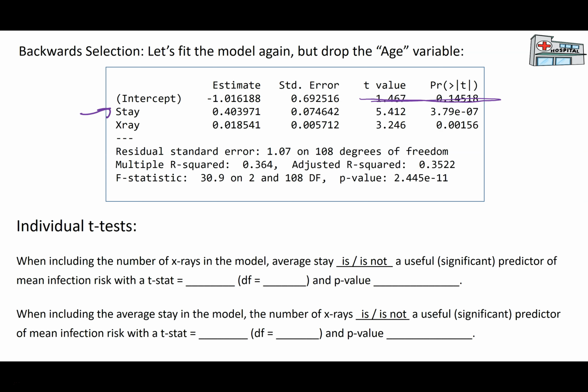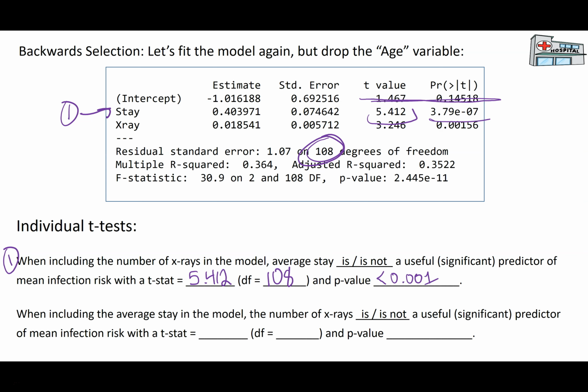So the first one right here, when including the number of x-rays in the model, average stay is or is not a useful predictor of mean infection risk with a t-statistic of 5.412. My degrees of freedom are the denominator degrees of freedom from the F test, so 108. And the p-value, that's really little, so less than 0.001.